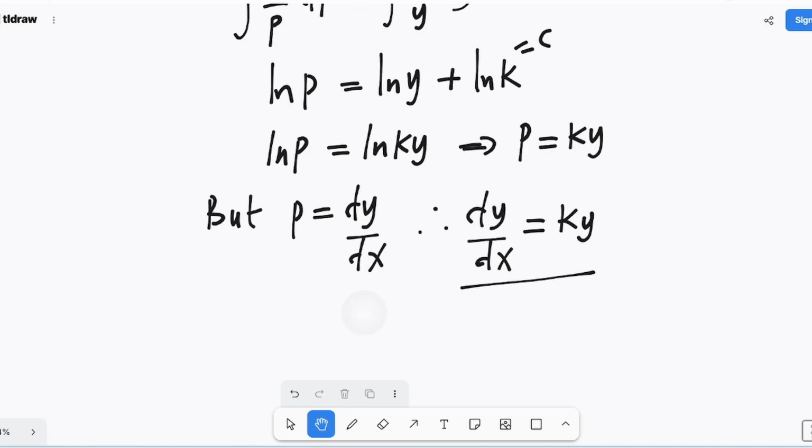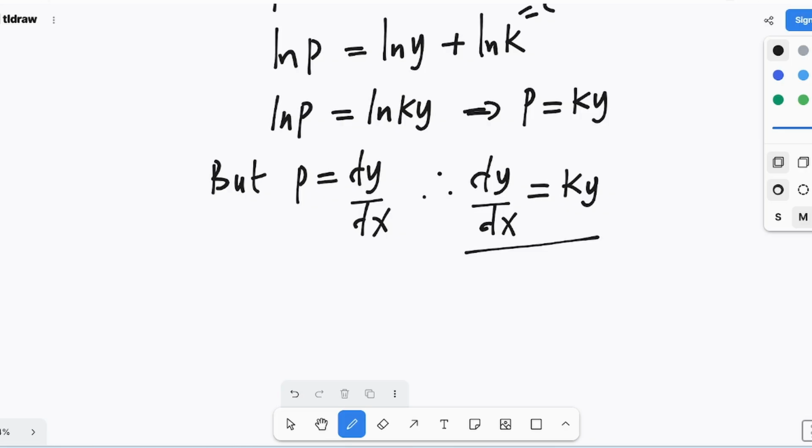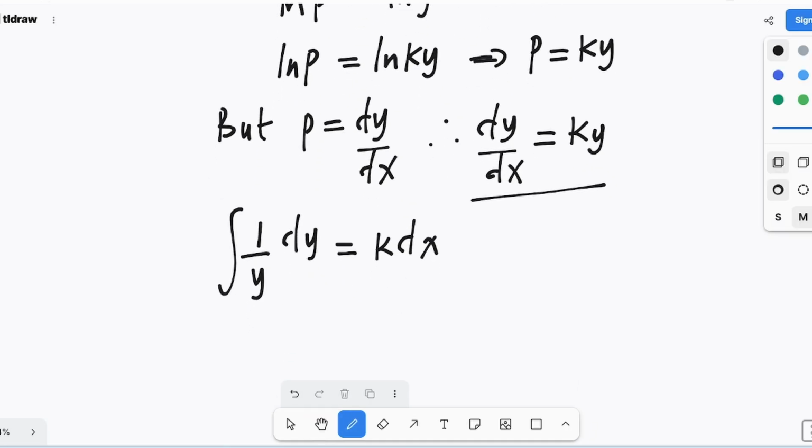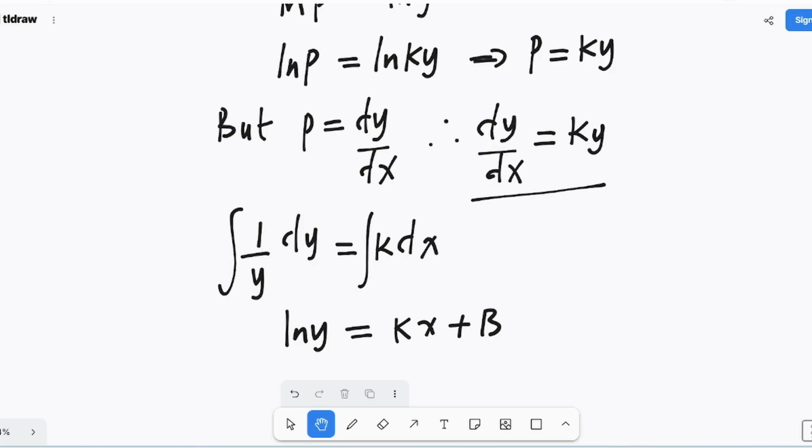When we separate variables, we are going to have 1/y dy is equal to k dx. So we integrate both sides. When you integrate 1/y, you get ln y is equal to kx plus a constant of integration, for example b. Any letter you want, you can use.